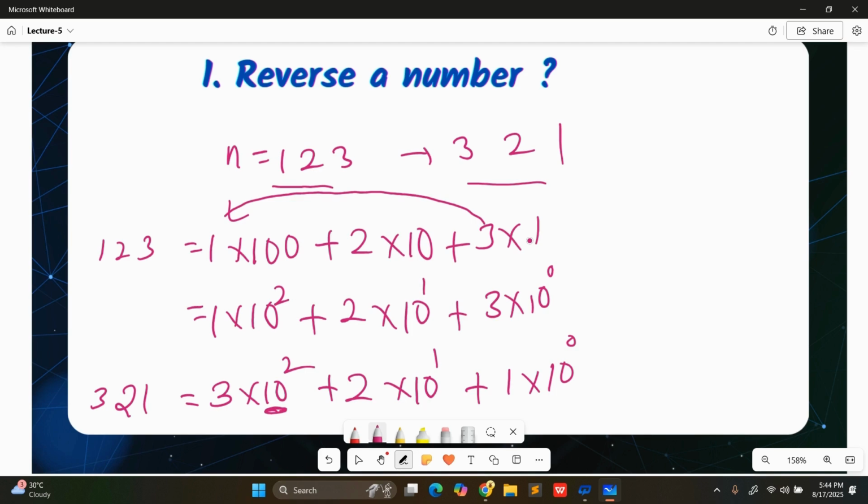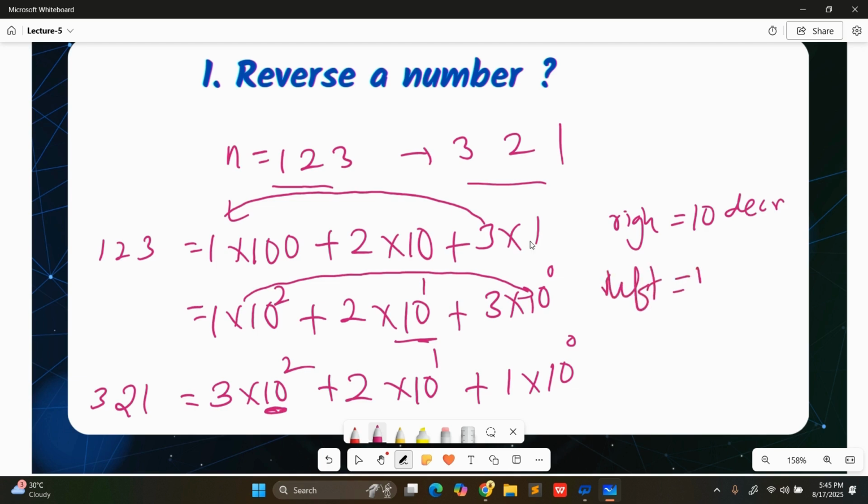And 2 is shifted by one place only, so there is no multiplication of 10. And you can see that 1 is shifted to the right, and its power of 10 got decreased when you are going to the right. When you are going to the left, you are multiplying by 10, and when you are going to the right side, you are dividing by 10.